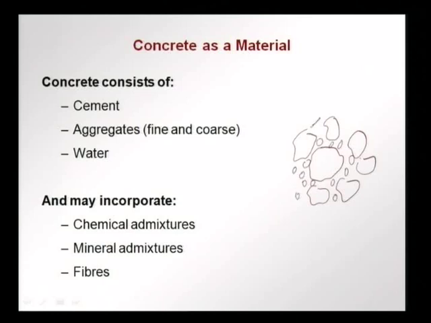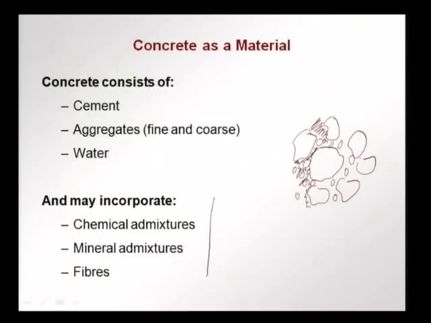Within the extra space, the cement paste fills up and acts as the binder between these aggregates. So basically concrete is made up of stone pieces bonded together, and the voids are filled up with cement paste, which hydrates, becomes hard, and gives us a solid material.